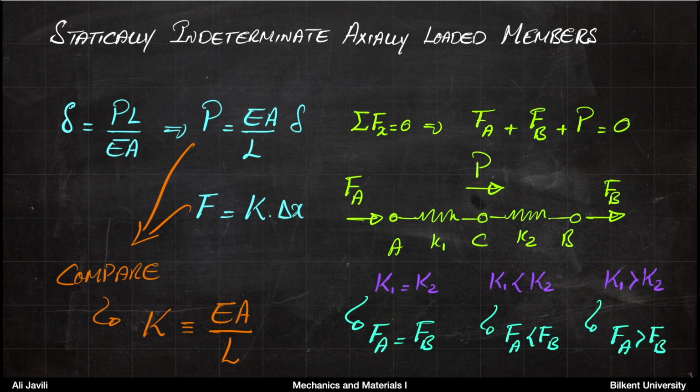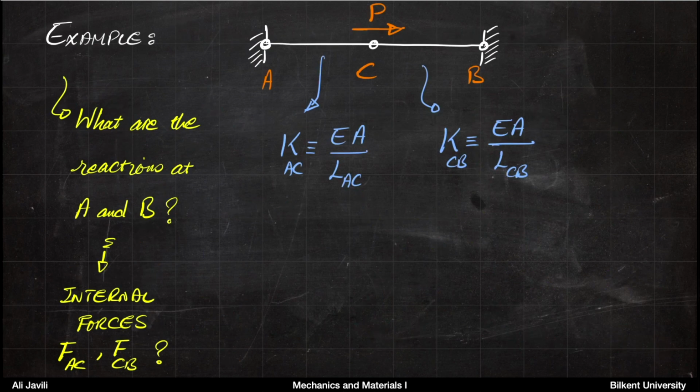Okay, so you see the analogy between the spring problem and an axially loaded member. So we want to now repeat this problem for axially loaded members and see how we can analyze them and compute their responses. So basically now our problem looks like this. You have two members, and this is a one-dimensional problem, and these are, let's say, axially loaded members.